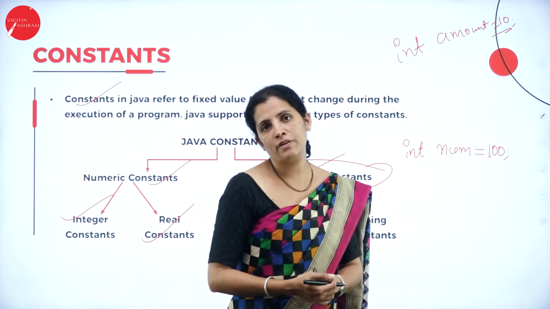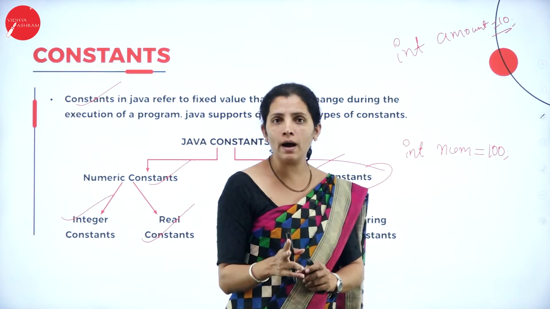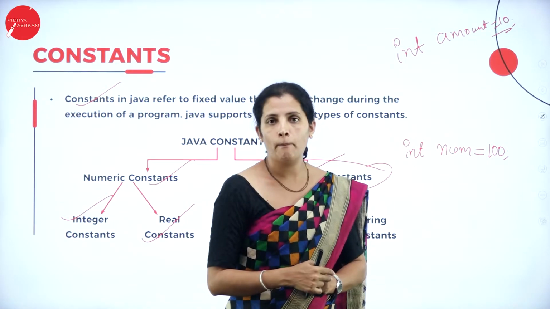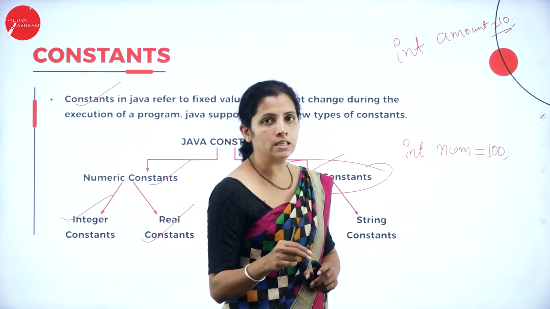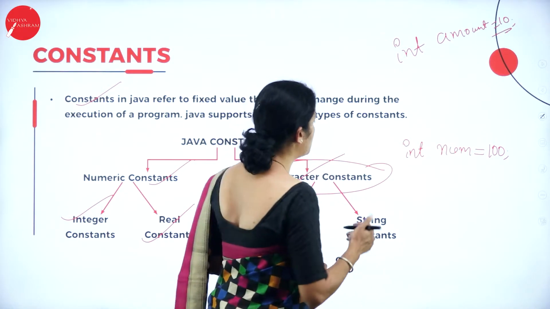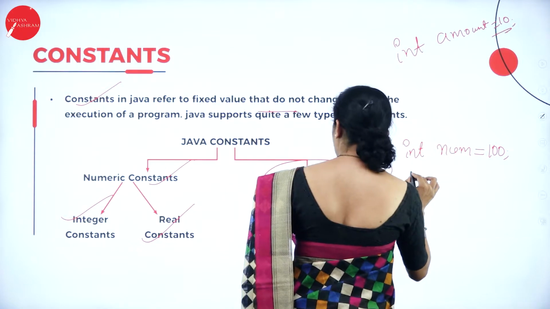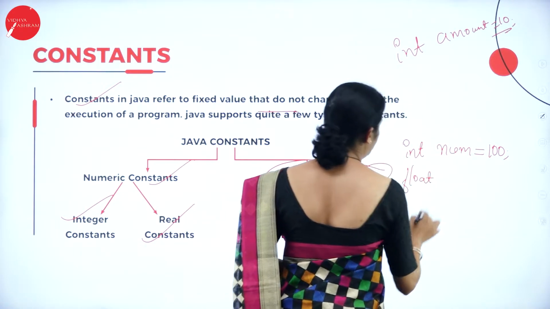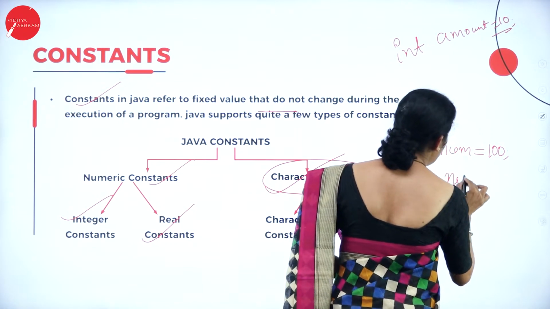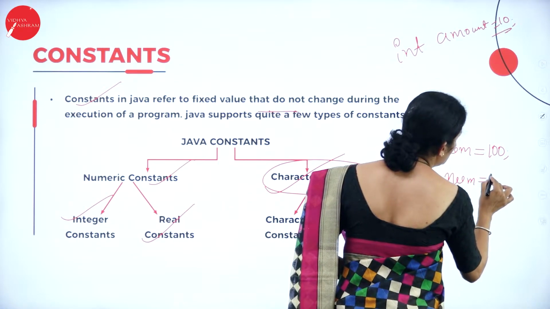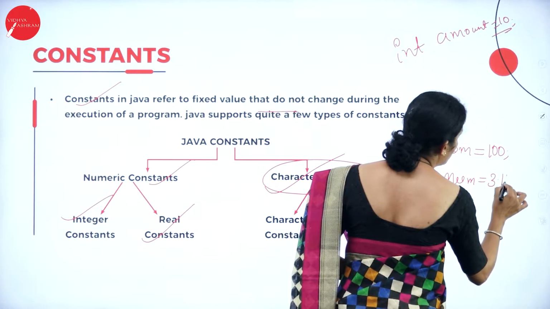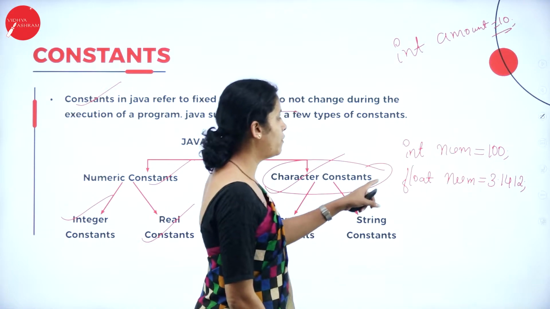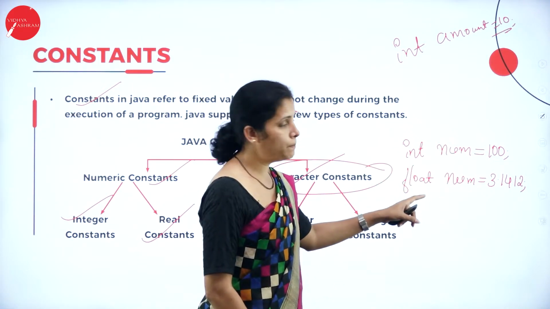When I say it is fractional, it has two parts: one is the integral part and another one is the fractional part. To represent fractional numbers, I'm going to have real constant. For example, I'll write float number equal to 3.1412. So this is also an example for floating point number.